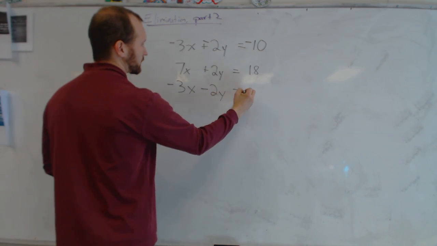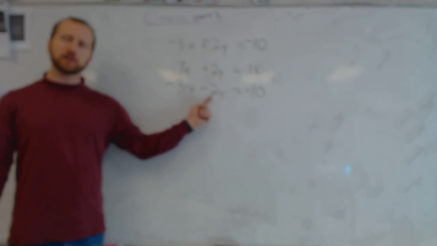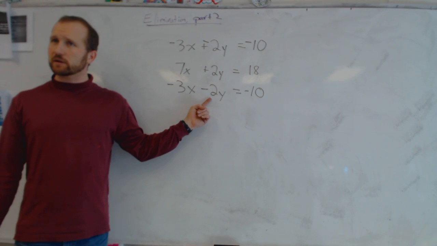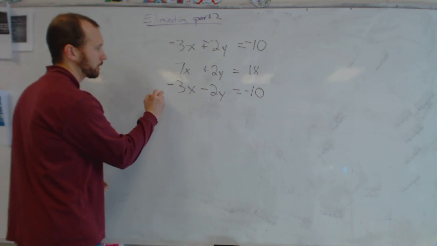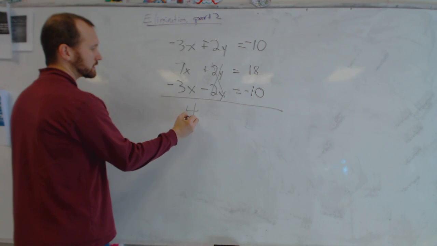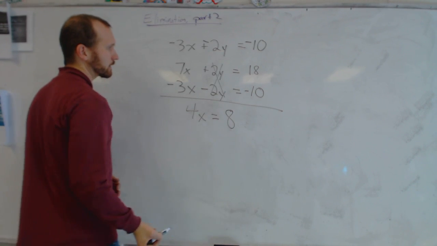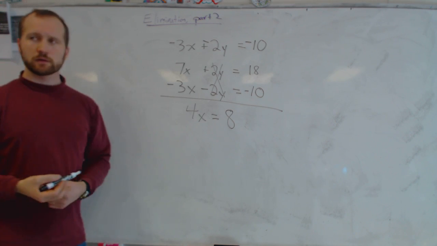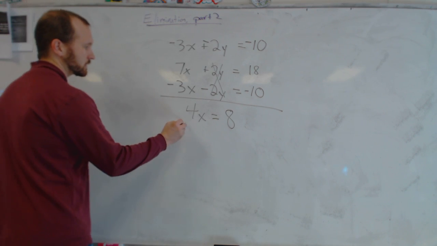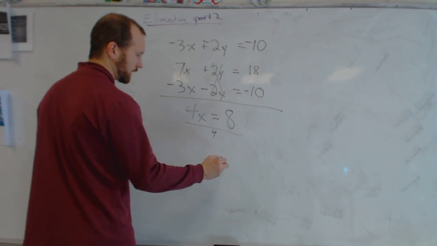Now if I add them together, those y's are nicely lined up and I'll get rid of them. And just like Bluebird said, we keep all our numbers positive. 4x equals 8. Divide both sides by 4. x equals 2.